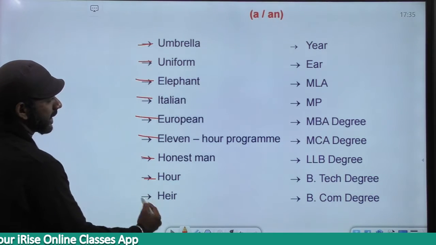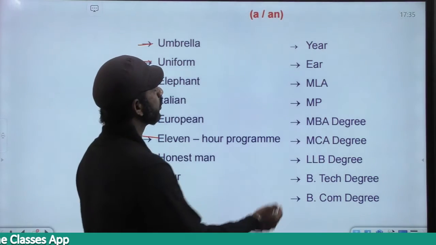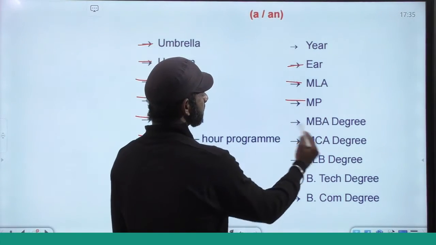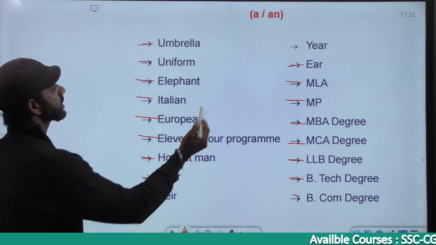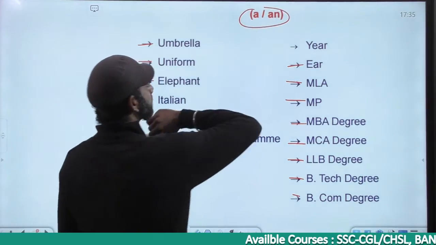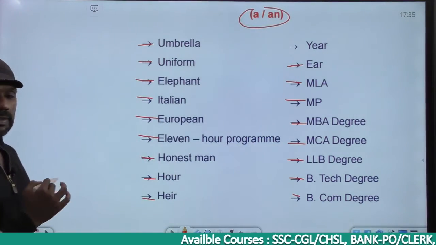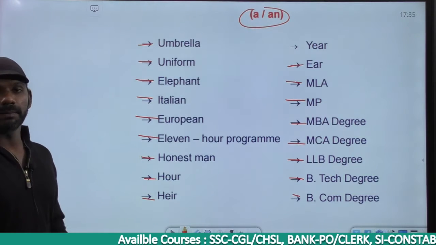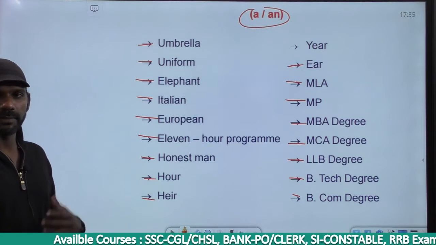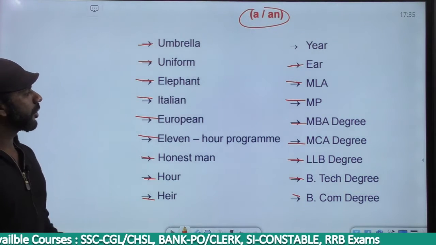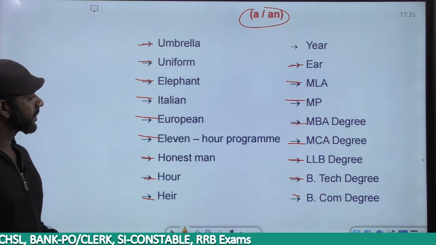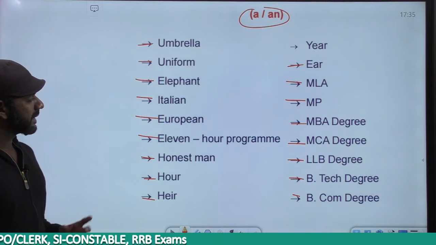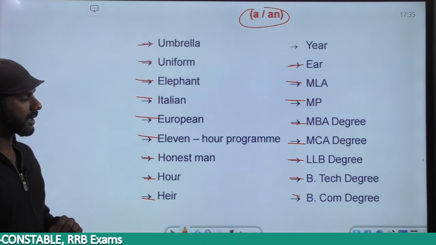What we need to do is fill in these blanks with a or an. Dash umbrella, a umbrella or an umbrella. Dash uniform, dash elephant, dash Italian, dash European, dash 11-hour program.